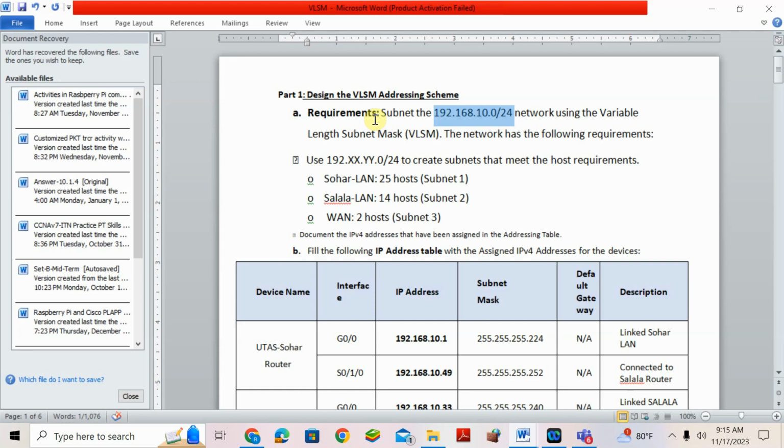I don't want to give all the 255 or 254 IP addresses to the department. I'll divide this network into three smaller networks, and they require only say 25 IP addresses, 14 IP addresses, 2 IP addresses, like that. That is subnetting. Subnetting means dividing the network into many smaller networks, and each network will require a smaller number of IP addresses.